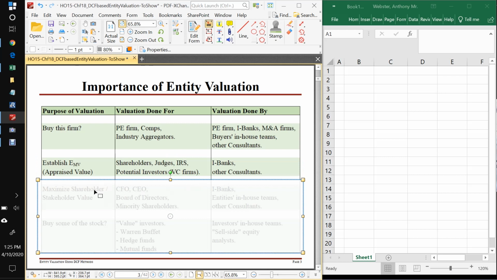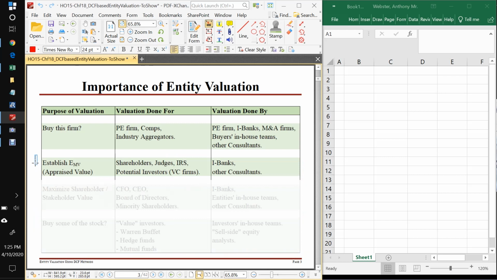Another reason that we care about valuing companies is to establish an equity market value. So if you have a privately held company, for example, it's hard to figure out what the value should be. And some of the techniques that we're going to learn in this chapter will help us out with that. So this would be the case, for example, with shareholders. If we're shareholders of a startup that hasn't gone public yet, we want to know what our shares are worth.